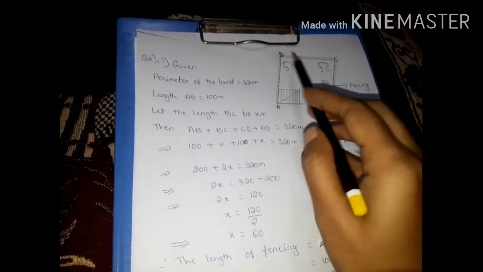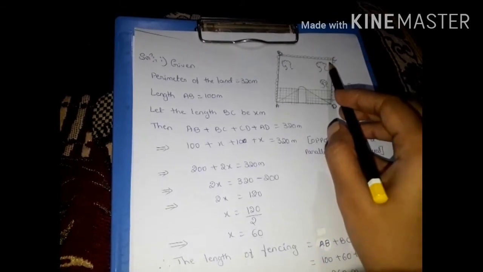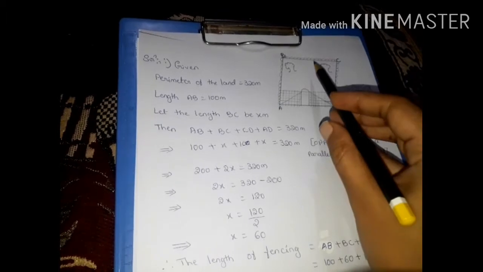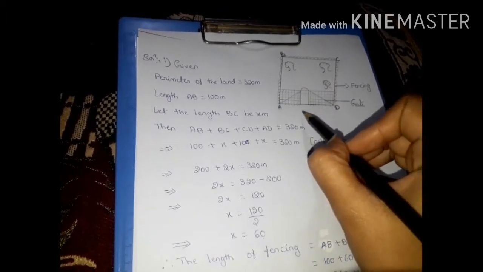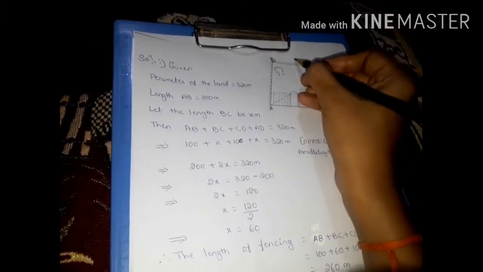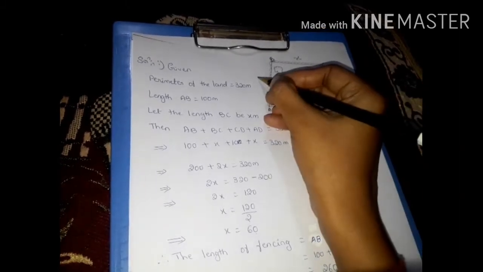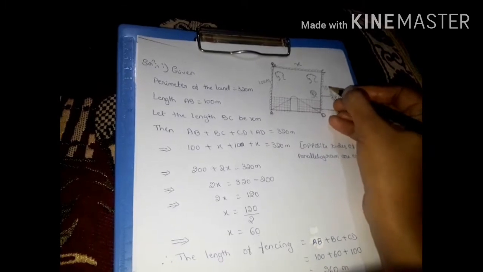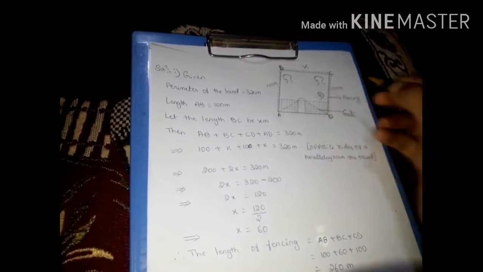We don't know this length. BC as x meter. So then opposite side AD length also equal to BC. You can write this also x. Here they given this is 100 meter. Opposite side also equal to 100 meter, because opposite sides in a parallelogram are equal.